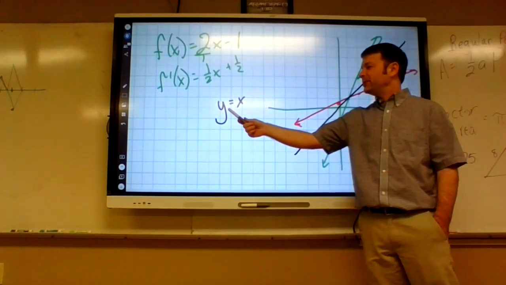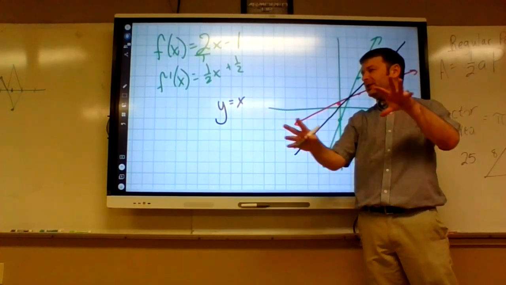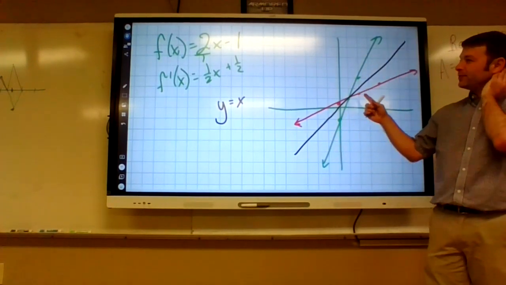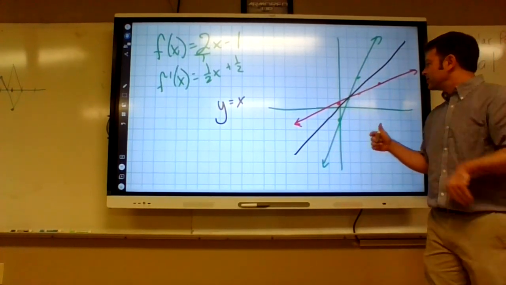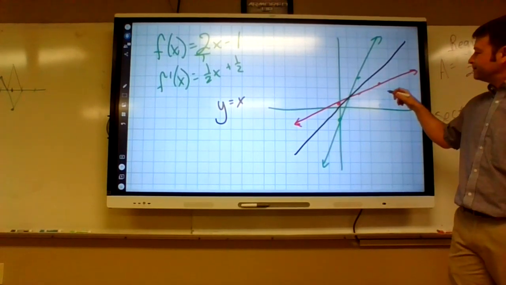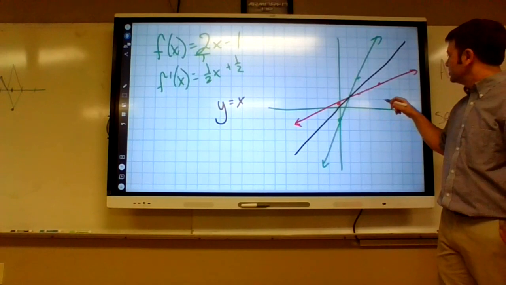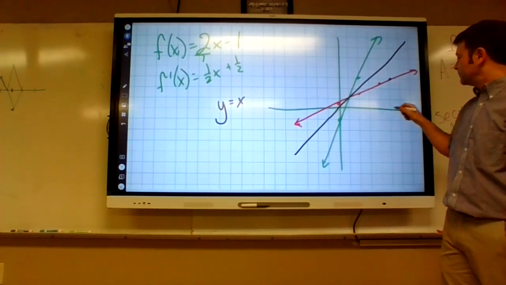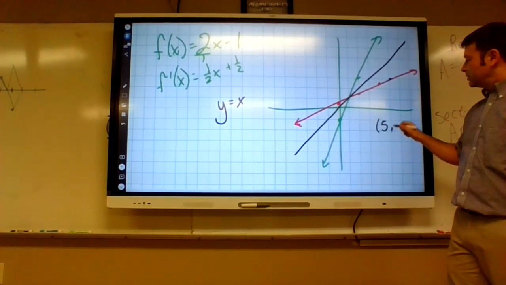Why is that weird? Because on an inverse function, y and x values switch. So basically they flip over this line. Where do we have a point here? Right there, that's 1, 2, 3, 4, 5. There's 5, 3.